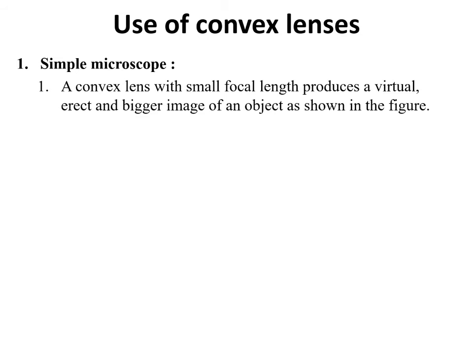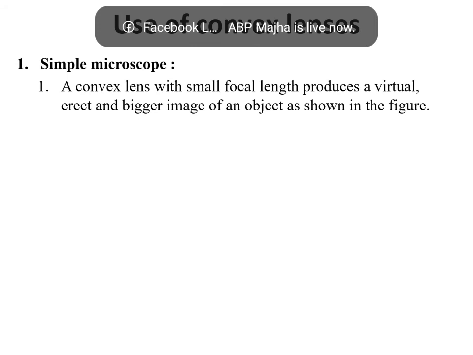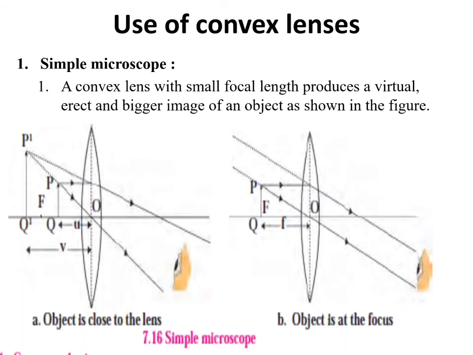Now, uses of convex lenses. First is the simple microscope. The convex lens with a small focal length will produce a virtual, erect and bigger image of that object as shown in the figure. You can see the object is close to the lens, and in the second figure you can see the object which is at the focus.